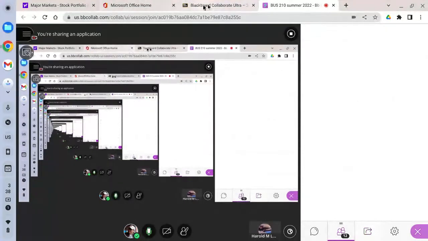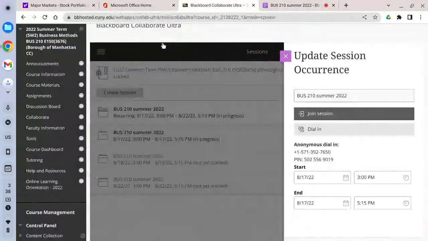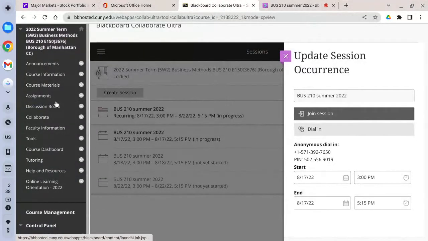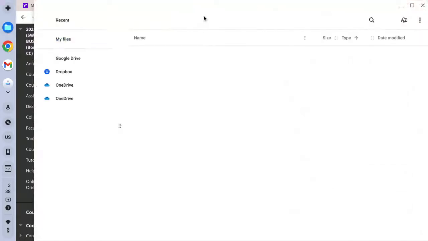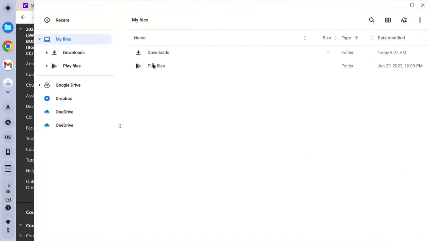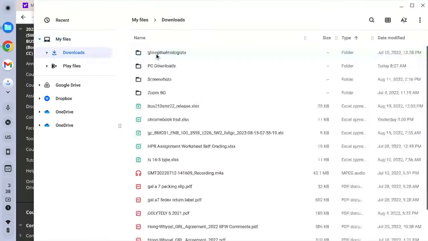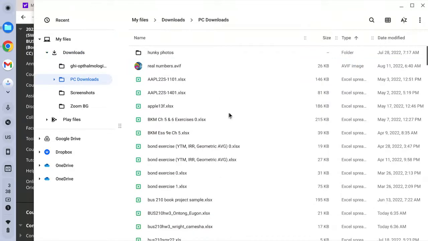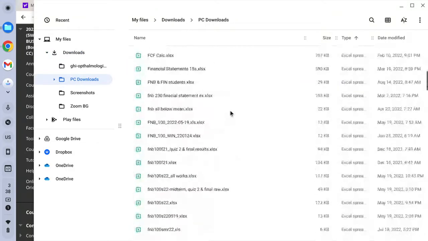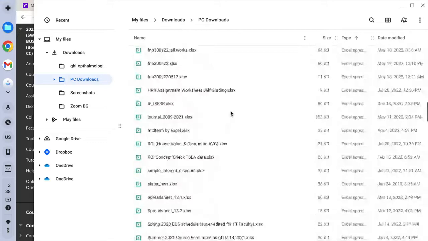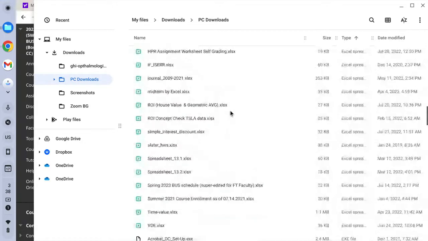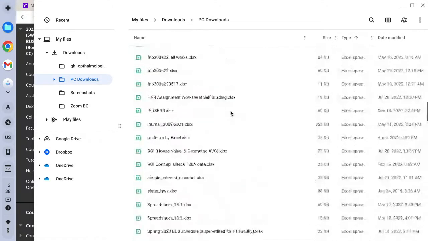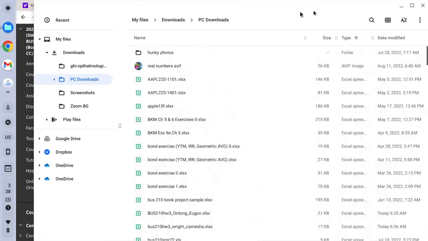Let's see if I can open it just as, I think I have a copy downloaded into this computer. So if I can open it just as a Google Sheet, I think that will do. Okay, I don't think it was downloaded.